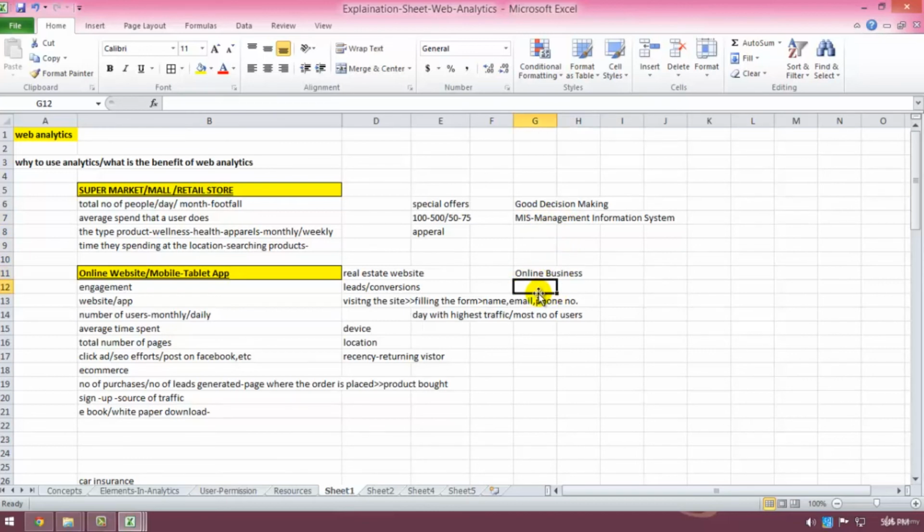Similarly, for your online business, you have web analytics to make sure you know the exact usefulness of your online portal, to help you in better decision making for your website or your mobile app.